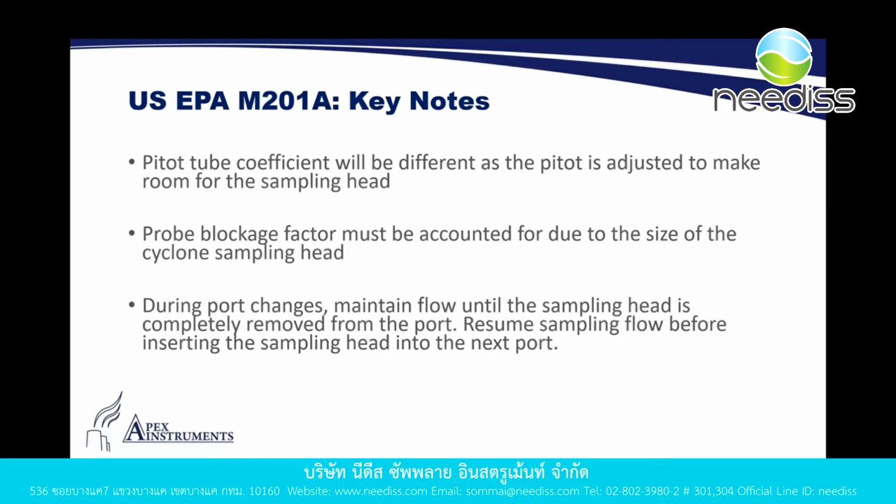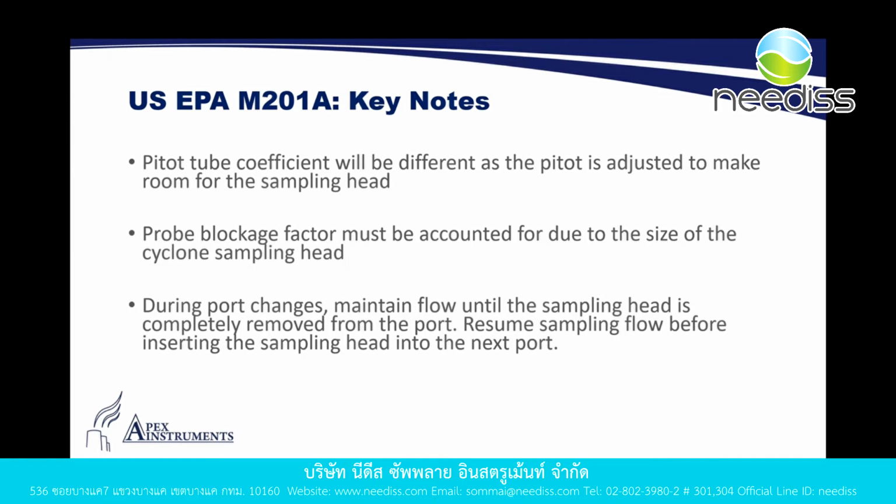The sampling head on this cyclone is quite large. It's round. It's about 3 inches or 10 or 12 centimeters in diameter. So we need to have the pitot come around to the side of that. And because of that, the pitot coefficient will change.